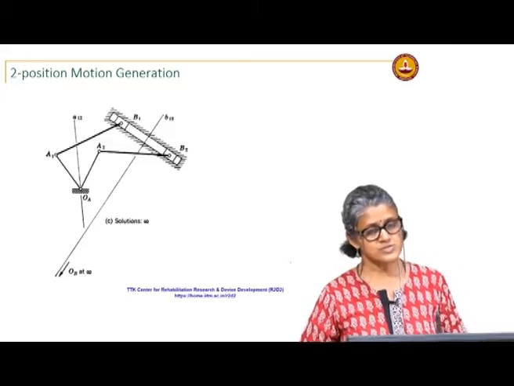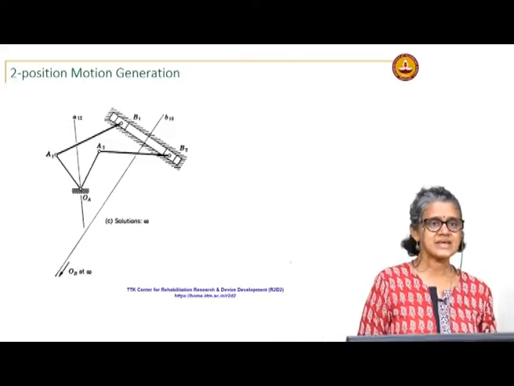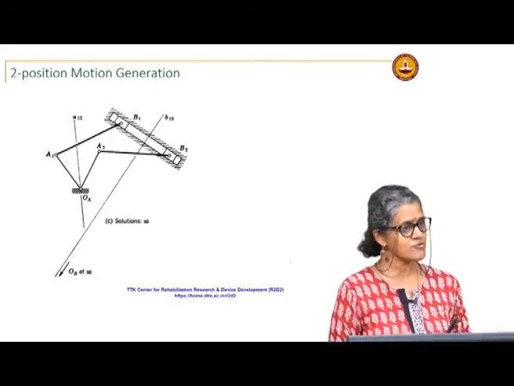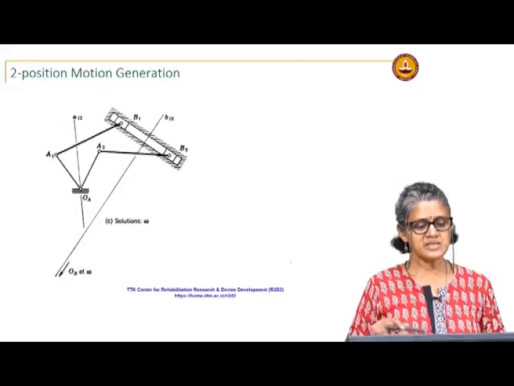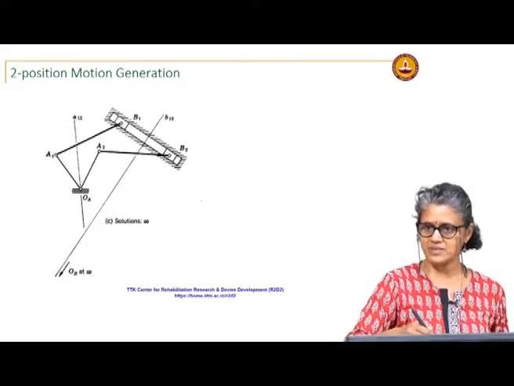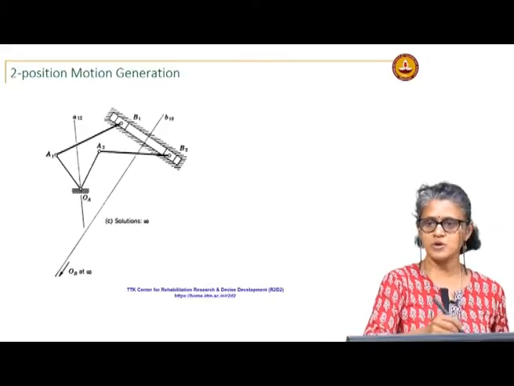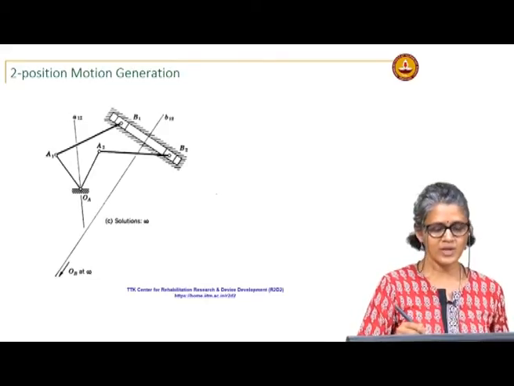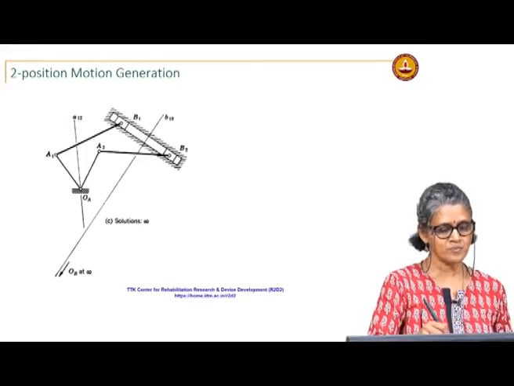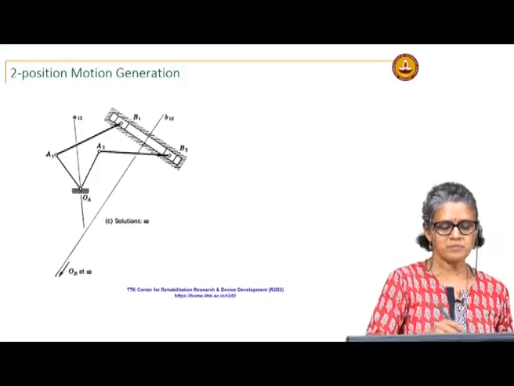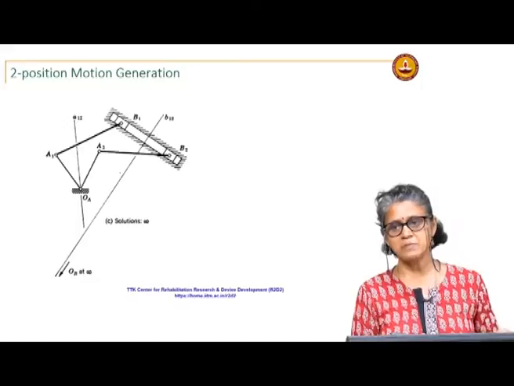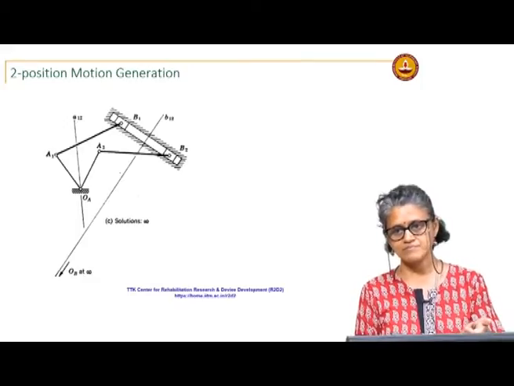I could also choose to do this with a slider crank. Remember, the slider crank is only a limiting case of a 4 bar. So, in this case B1 B2 is my straight path in which the slider block will move. Here I have B1 and B2, and I draw the path which is perpendicular to that.